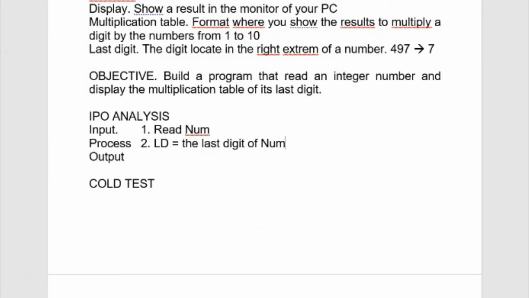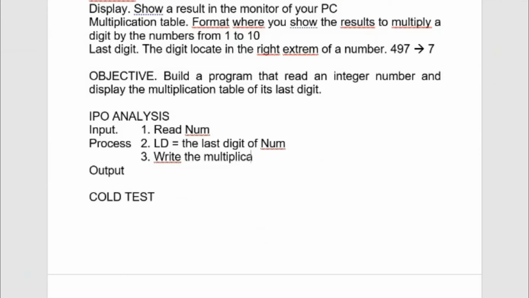Don't worry, num is the variable where you store the number the user typed. Third step, you need to write the multiplication table of the last digit, LD. Okay? And what is the output? Okay, the multiplication table. And this is the IPO analysis.